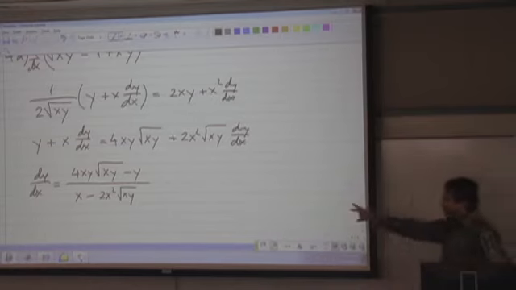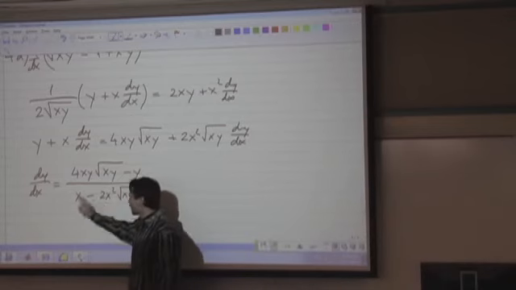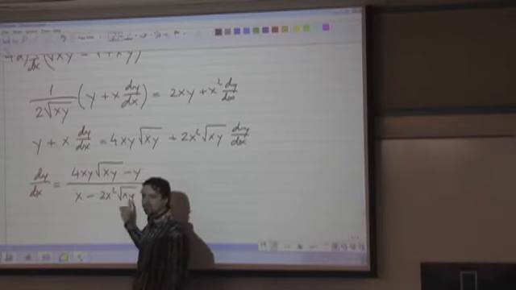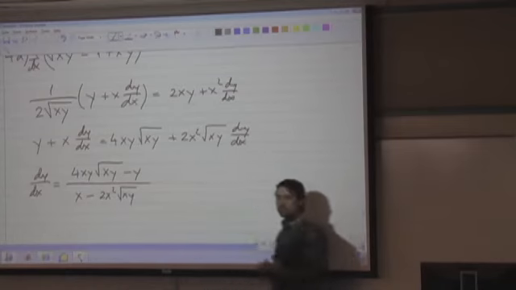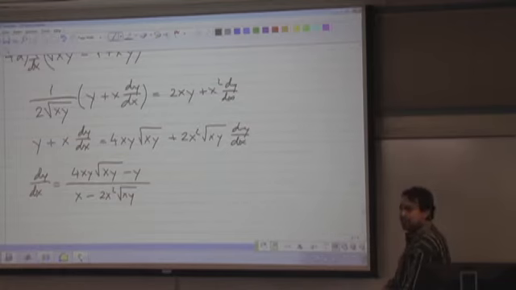Right, you could have them the other way around. Yes. Okay, so you took the 1 over 2 square root of xy, you flipped it and multiplied it by each term on the right side. Yes. It's the least common denominator, so you multiply the entire expression by the least common denominator.